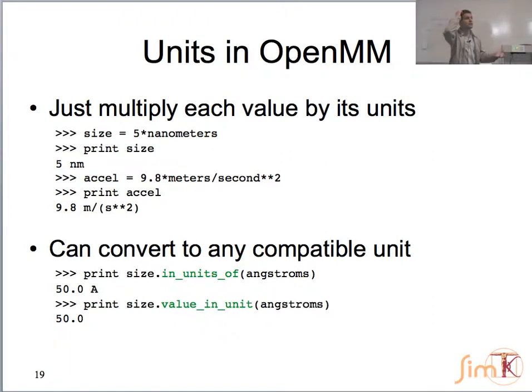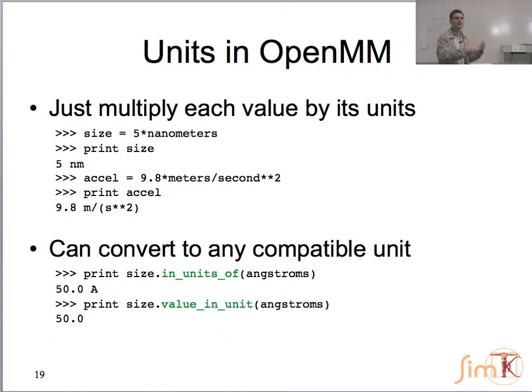Once you've got a quantity with units on it, it's really easy to convert it to any other units. You just call in_units_of and give it the units. So we define size to be 5 nanometers. If you wanted it in angstroms, just say size.in_units_of(angstroms), 50 angstroms. This is still a quantity object, which is this thing that combines a number with a set of units.